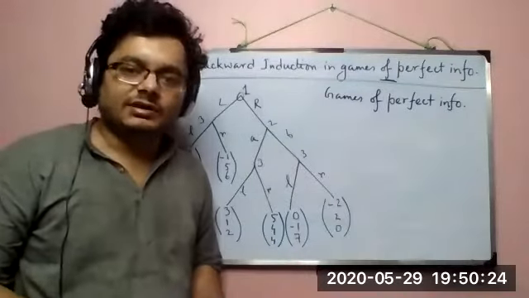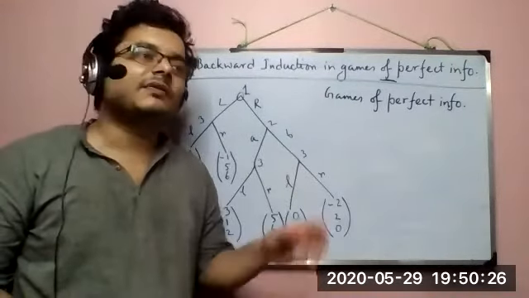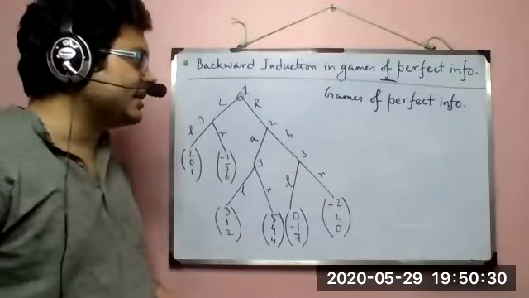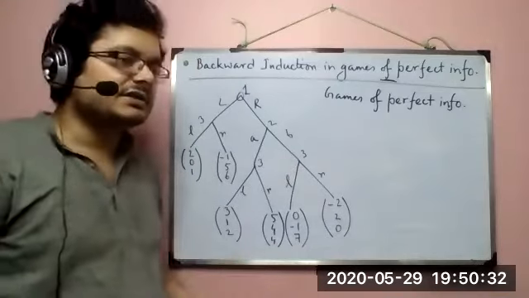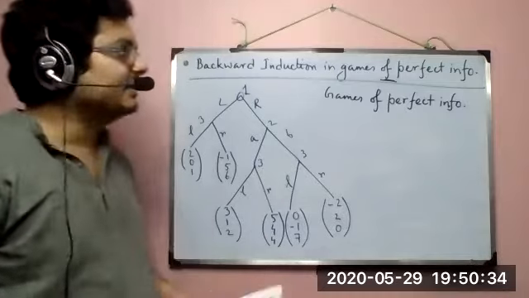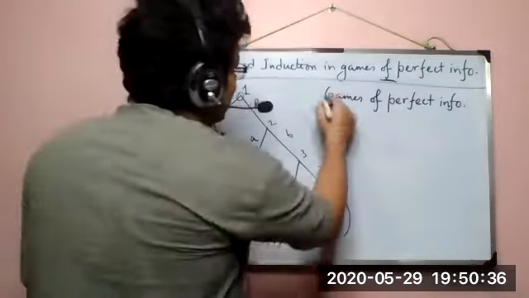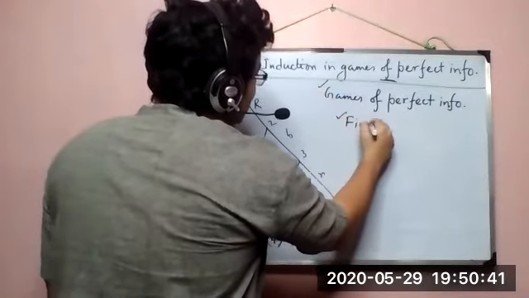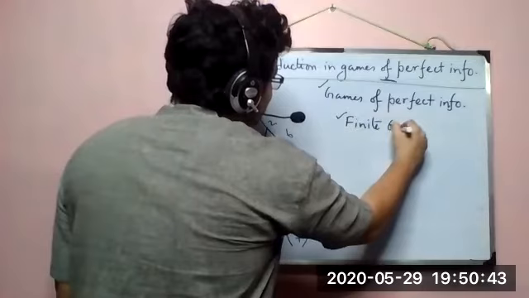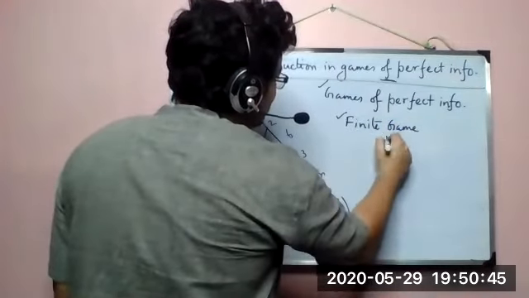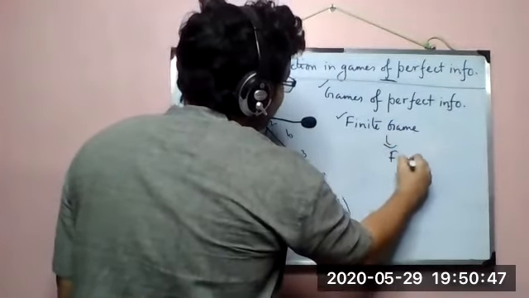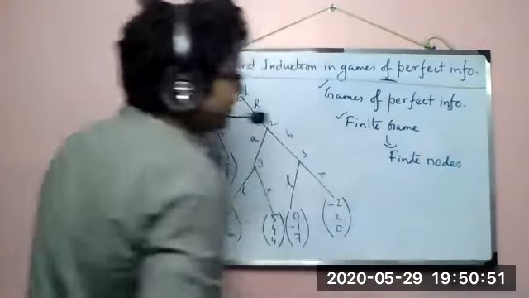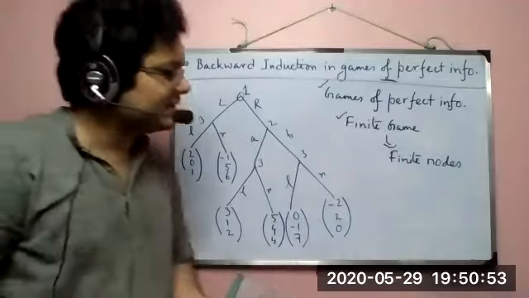That means, as a method, backward induction heavily depends on the fact that every information set is singleton, which characterizes perfect information. So this is the first checkpoint. The second is that it has to be a finite game. Finite game essentially here means finite nodes. Now, why is this condition needed?